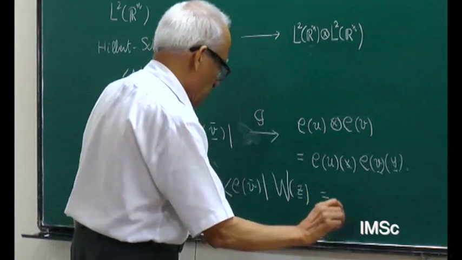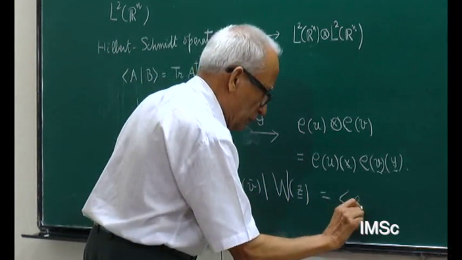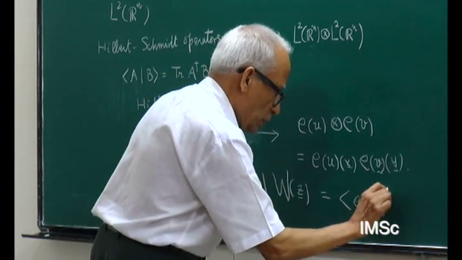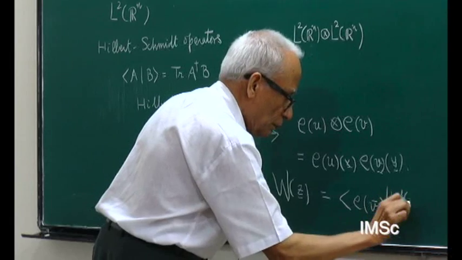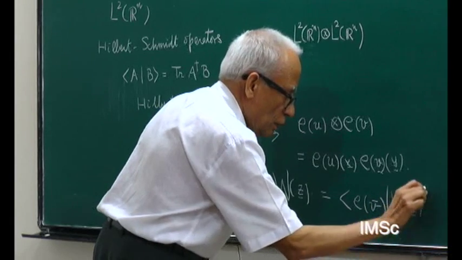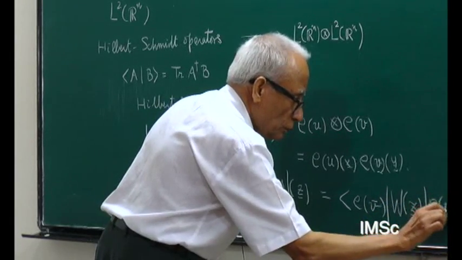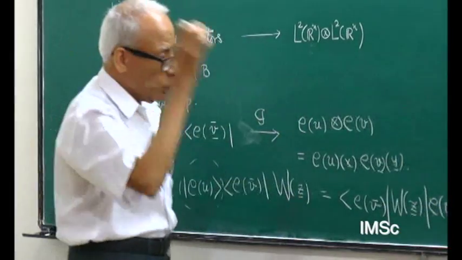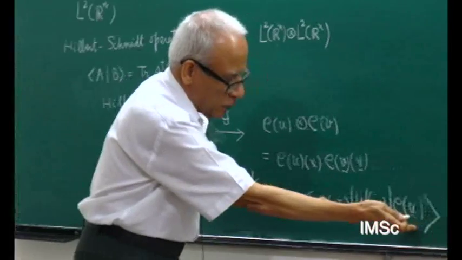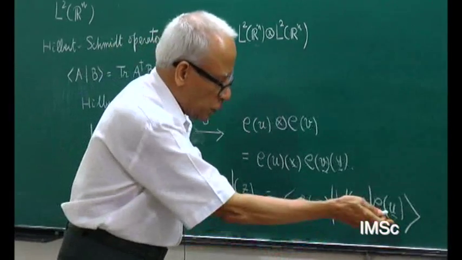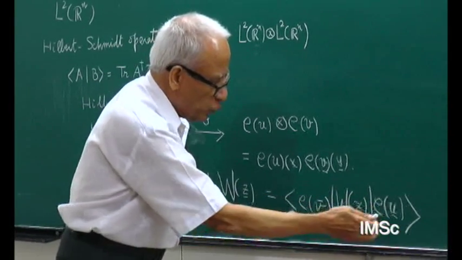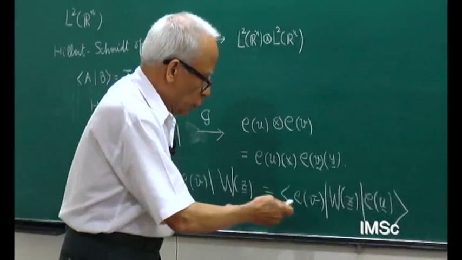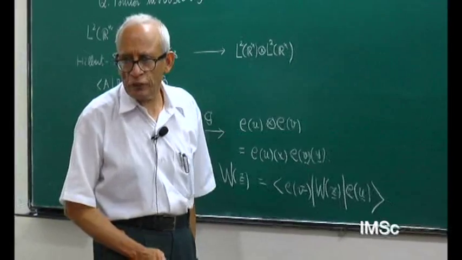So, this is nothing but <E_v|W_z|E_u>. But you know how the Weyl operator operates on these exponential vectors. It is E_(u+z) multiplied by a scalar factor. So, you have an explicit formula for this.